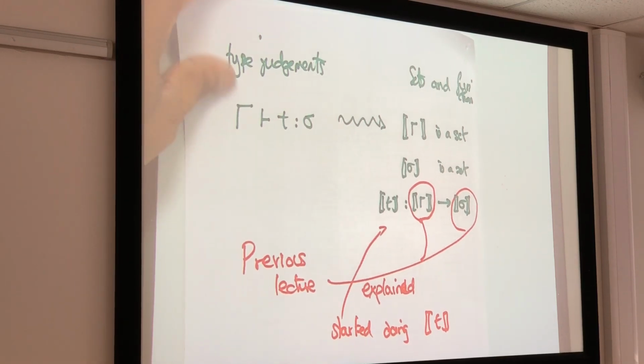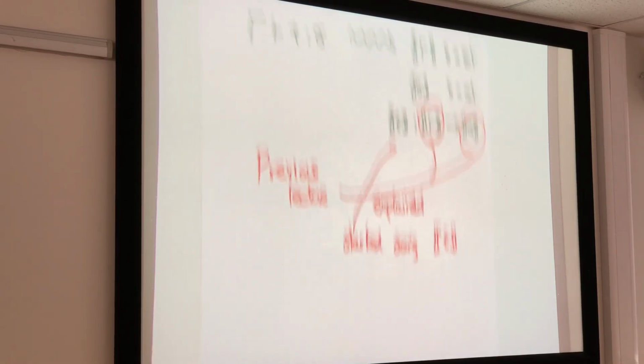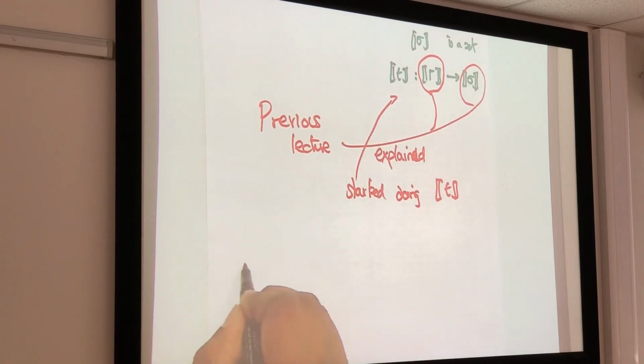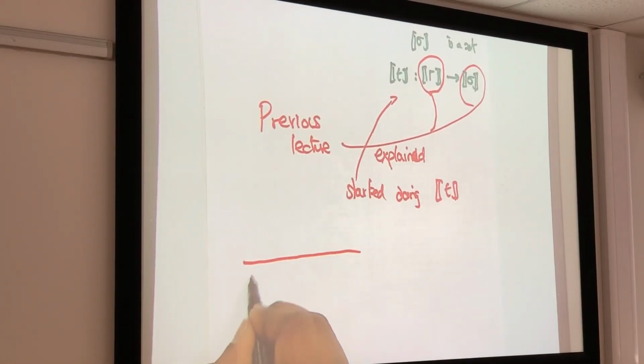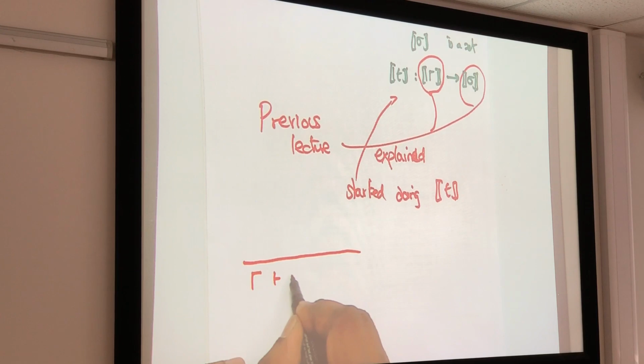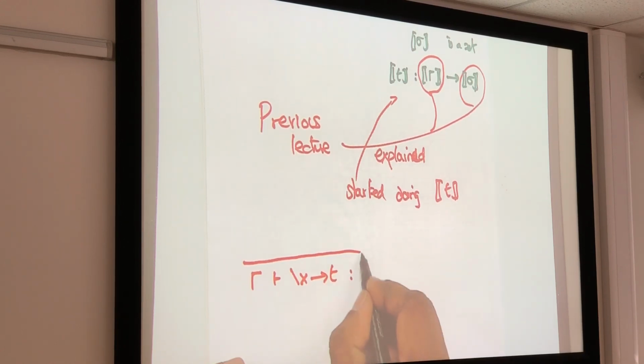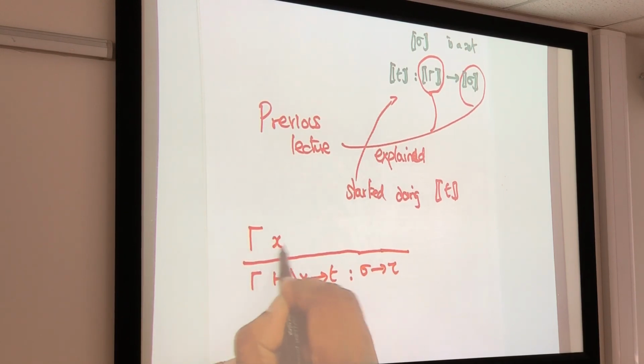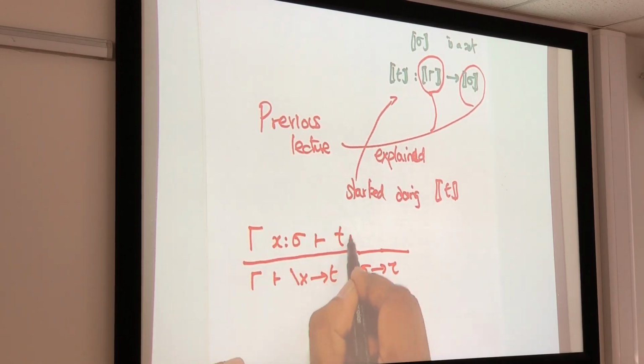So here's our goal. If we have the typing judgment, that's a rule that allows us to say when a term, which is a lambda abstraction, has a function type.